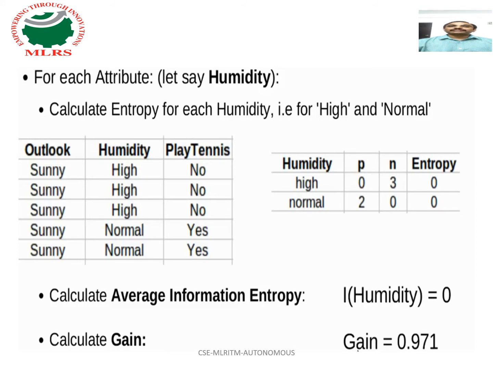Normal gives yes. So how do we calculate the average entropy? We use the same formula, and we calculate the gain. So here gain is entropy of S of sunny minus average information entropy of humidity.